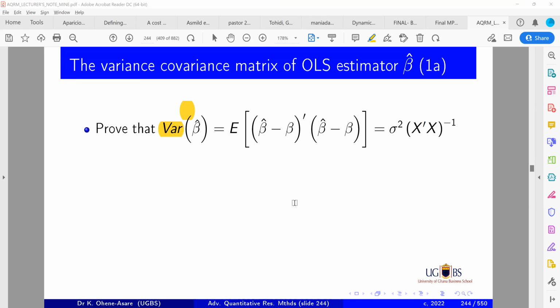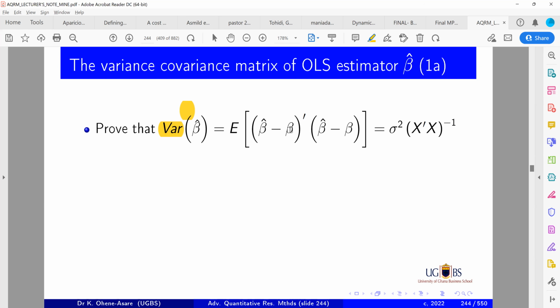Well, it's a very simple thing. First, understand these few things. The variance of beta cap is the expected value of this whole term, prime, and the same term without prime. The prime is like the apostrophe. So beta cap minus beta, what is the difference between beta cap and beta? The beta is the true value. Remember, the independent variables are trying to affect the dependent variable. But what is the true value of the impact of the independent variable? That is beta.